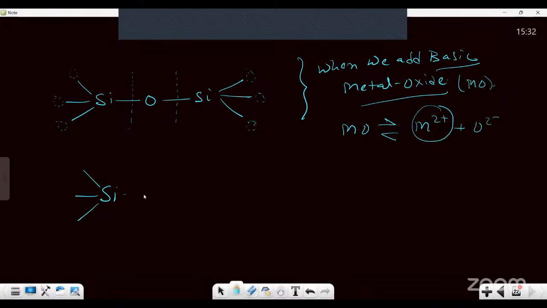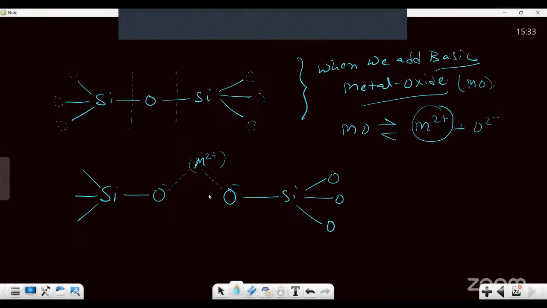This oxygen has a negative charge, so there is just a force of attraction because of which the M2+ is here. There is no direct bonding between the M2+ ion and these oxide ions, but there is going to be an electrostatic force of attraction between them.